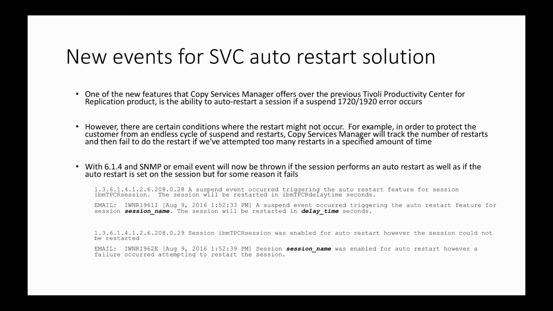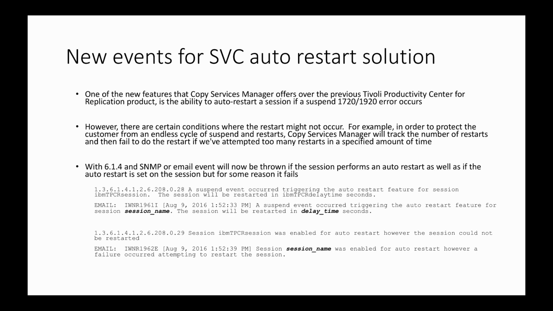And one of the things we found is that there were some customers that automate off of that, and they want to know if the auto restart occurred, or more importantly, if the auto restart failed. And so what we've done is added an SNMP alert / email alert that can now give you that information.